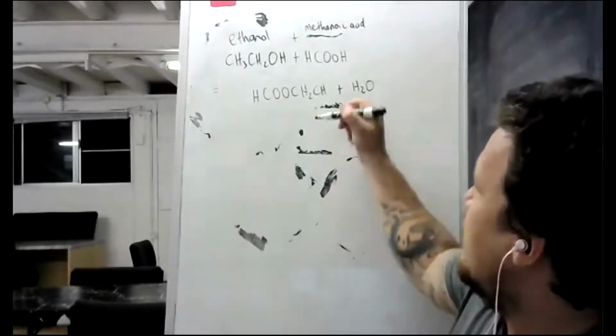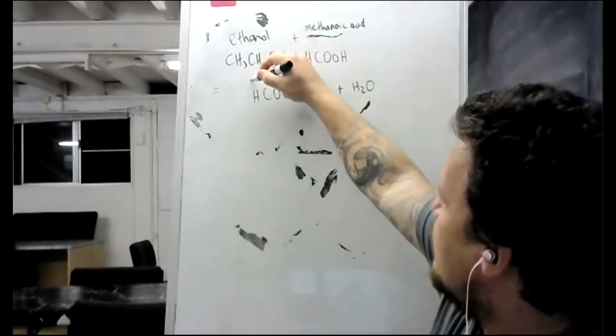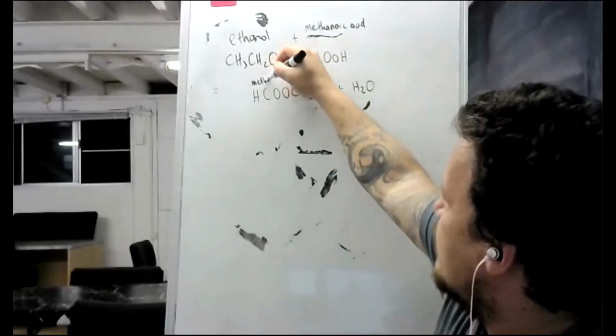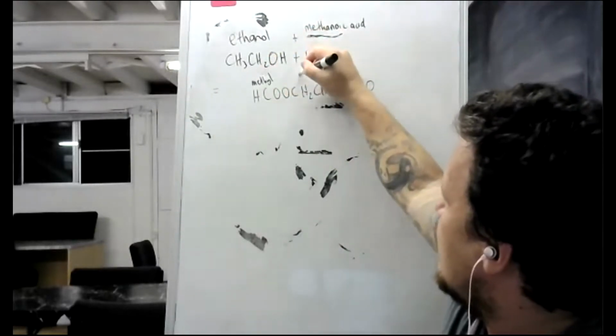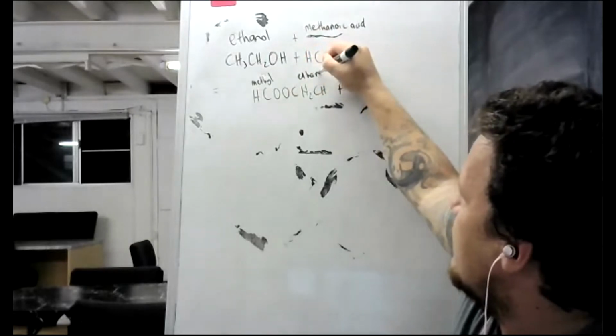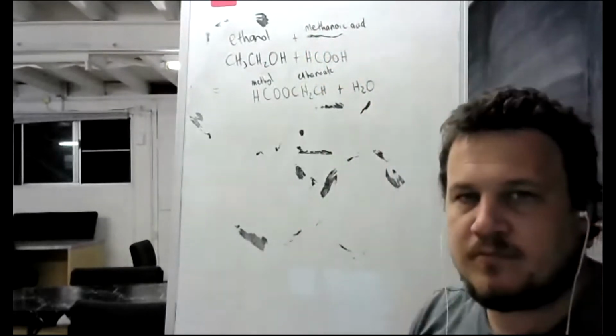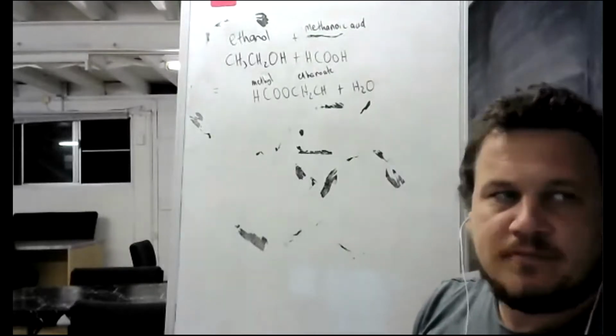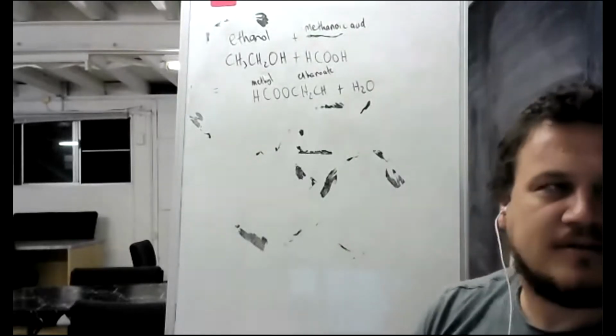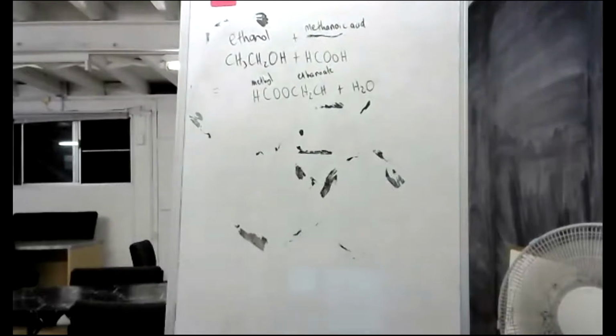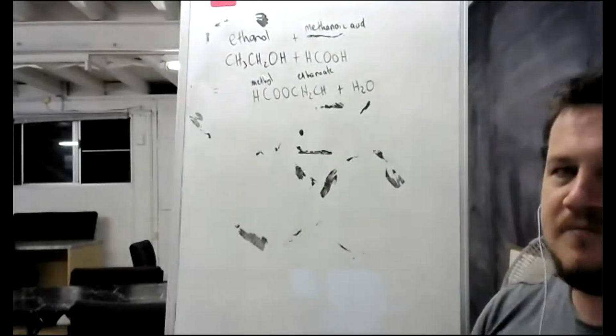So this would be methyl ethanoate. So that's how we create an ester.